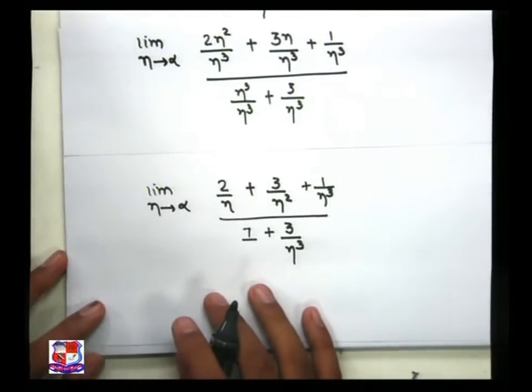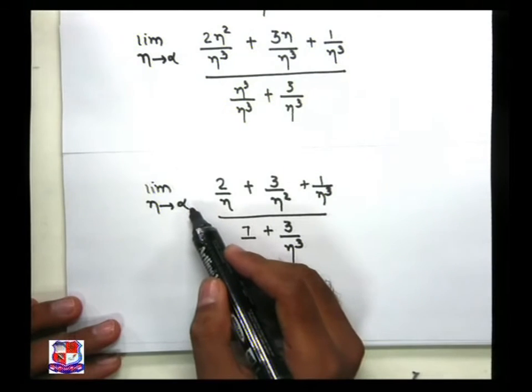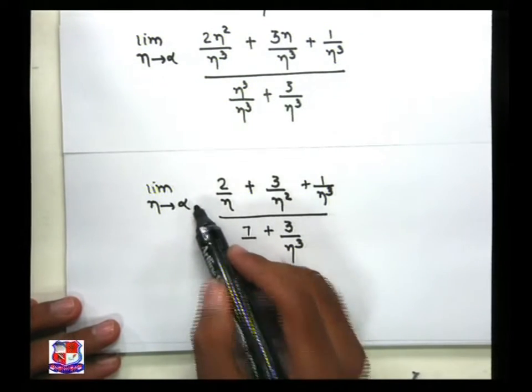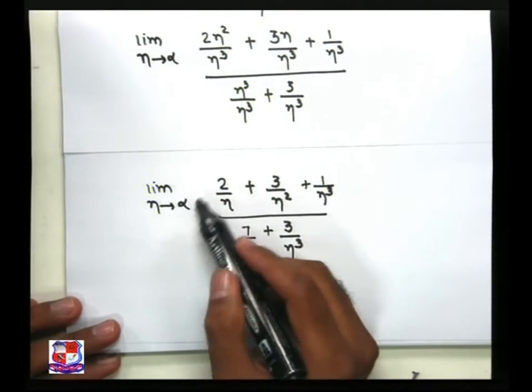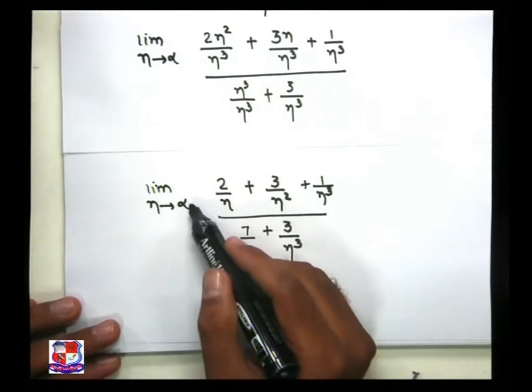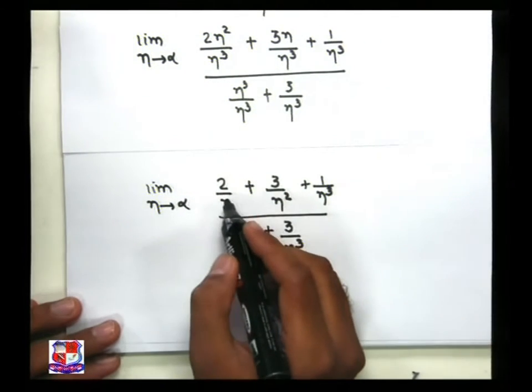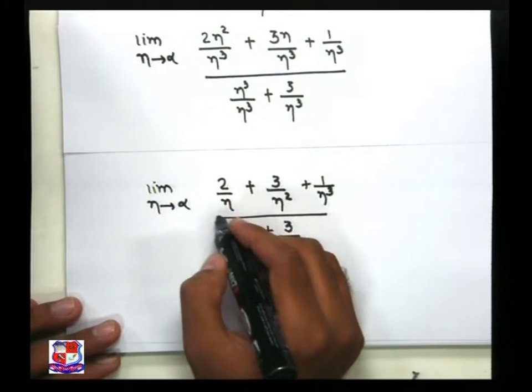Now apply the limit, because we are ready to apply it. Whenever n tends to infinity, our base sum also suggests that 1 upon n we call 0. So using this formula, we apply the limit n tends to infinity: 2 by n we call 0.